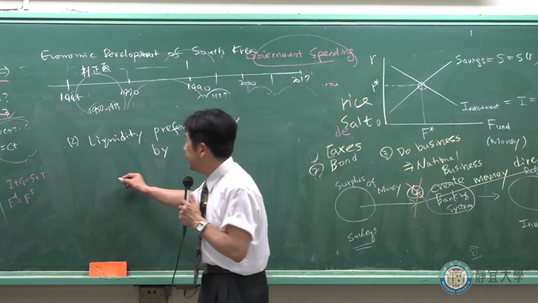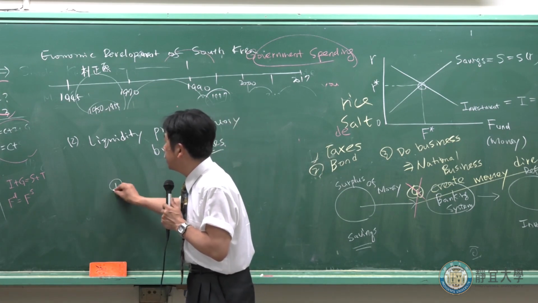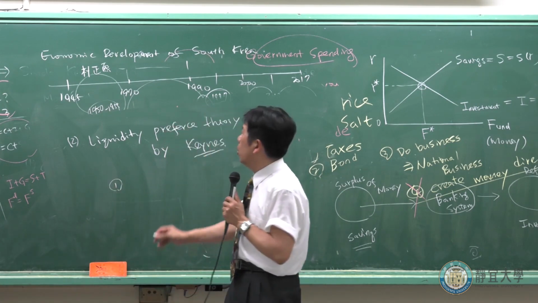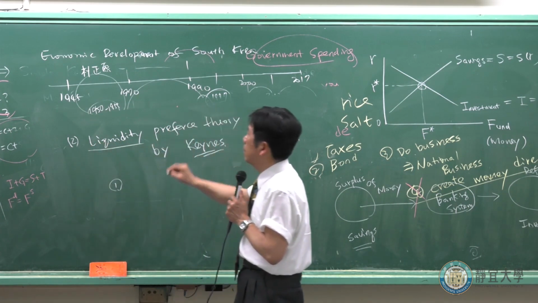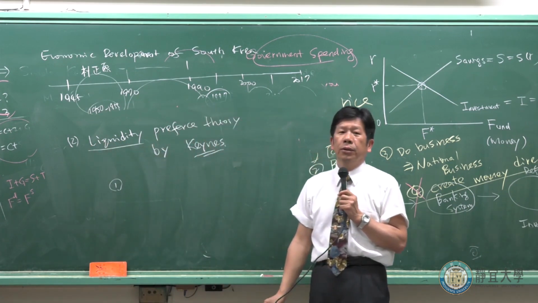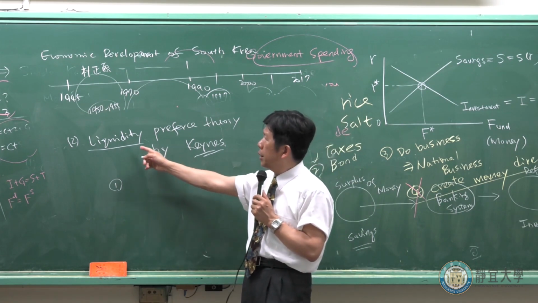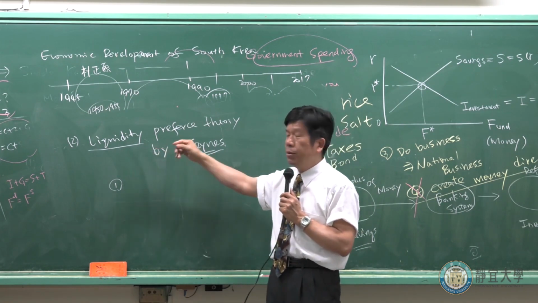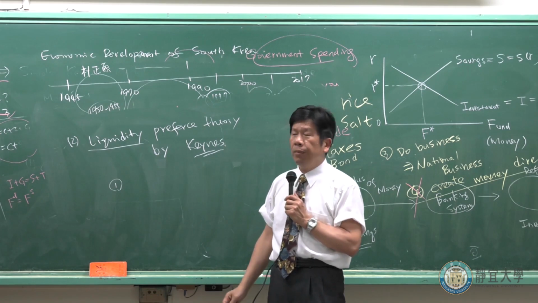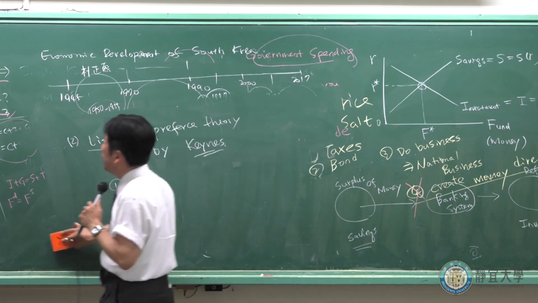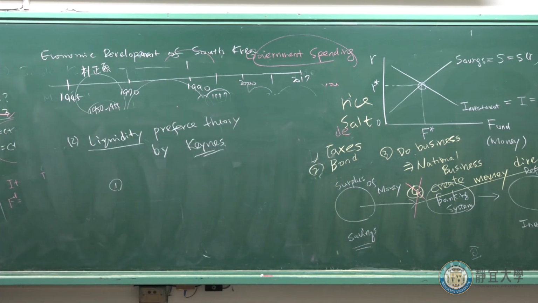Actually, Keynes first tried to mention what liquidity is. So you need to know what liquidity is, and after that you can understand. Okay. So one day if you have money, how do you do the investment or do you conserve it.